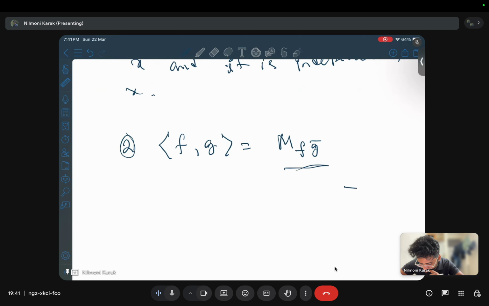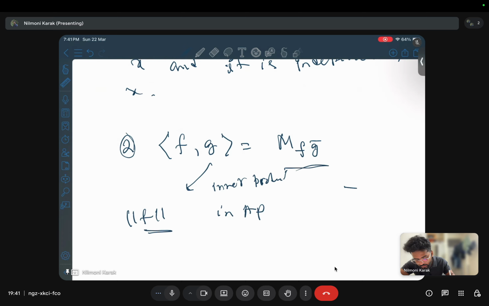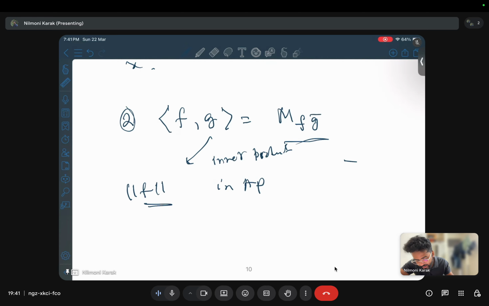Here the norm of f, with this norm, this is an inner product in AP, and this is a pre-Hilbert space.